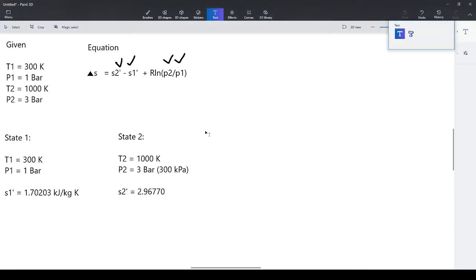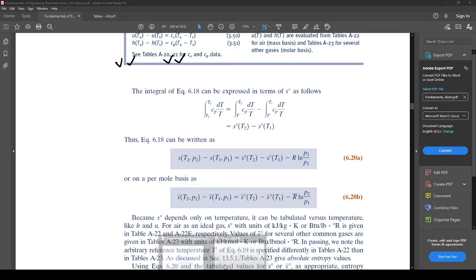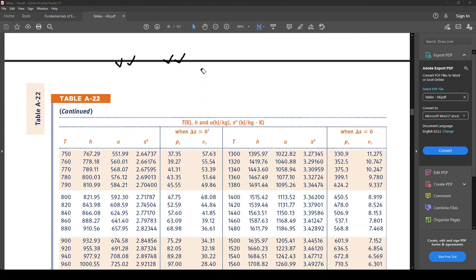So we will do this. This is the next state. R, I'll just do ideal gas constant for air. So where do we go from here? Well, we go to the table, right? And it looks like he told us that we need to go to table A1.